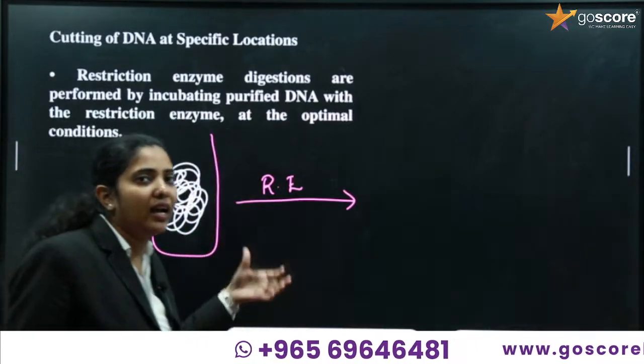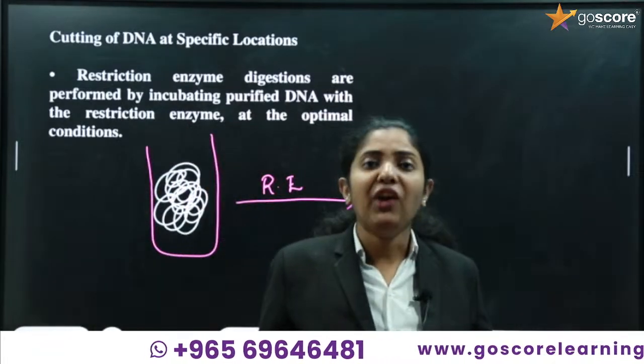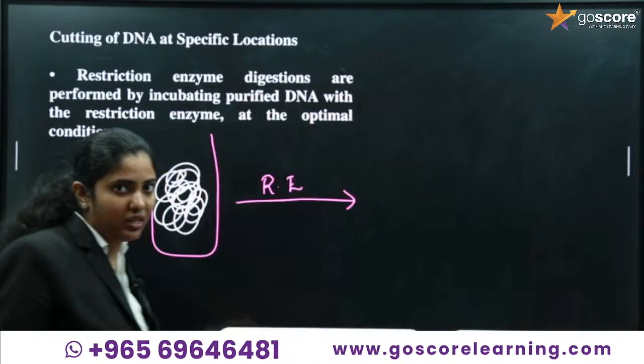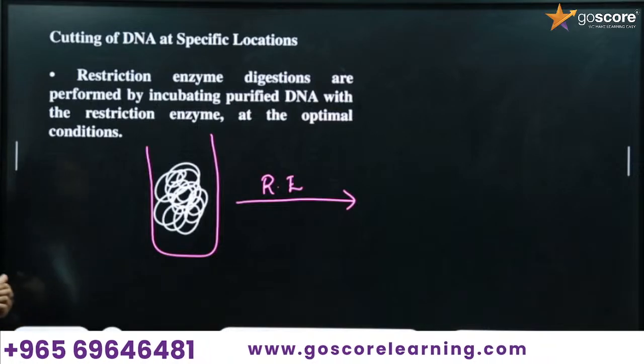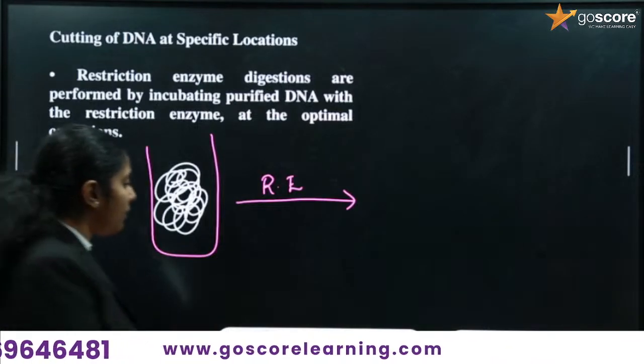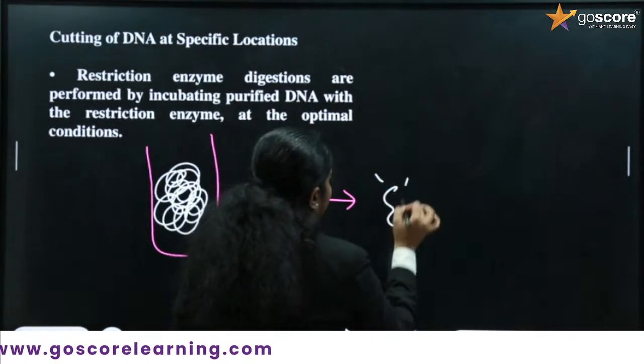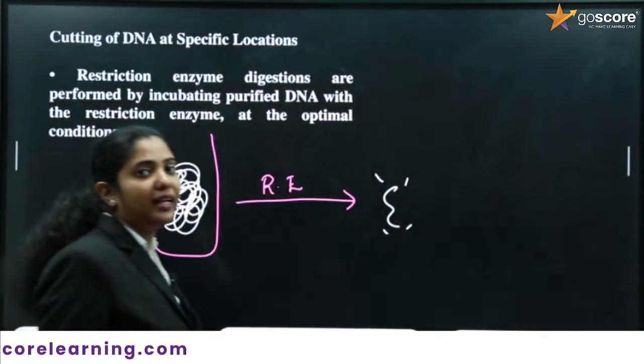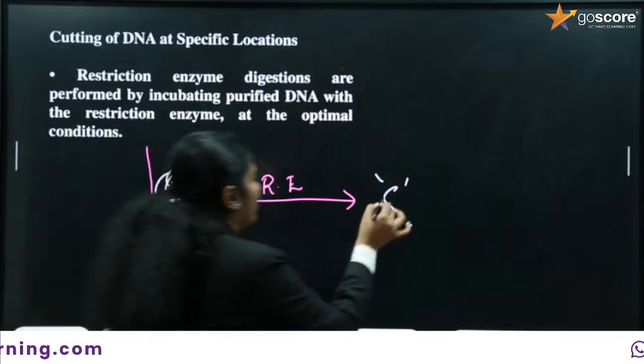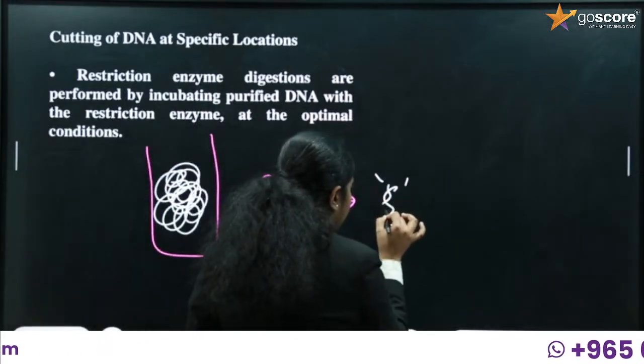So what is done here? This DNA will be treated with restriction enzymes. After using the restriction enzyme, we get an exact DNA portion. Since DNA is double-stranded, we draw it as a double-stranded structure.